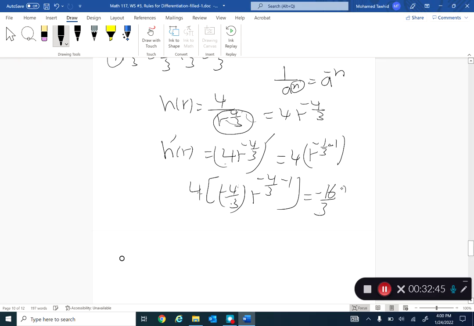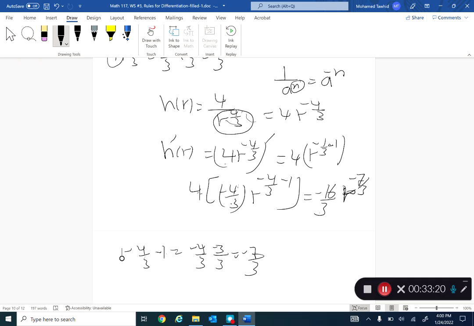And here you have r to the power negative 4/3 minus 1. I combine them together, so you have negative 4/3 minus 3/3, which is negative 7/3. So you have r to the power negative 7/3. All right, so that is your h prime of r, that is my derivative for r. All right, guys. So that is it for this one here.